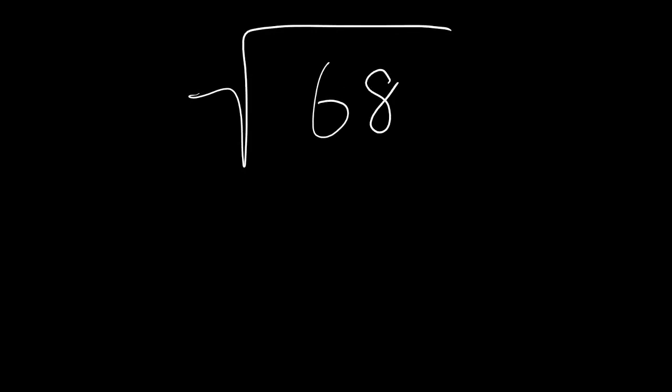So we'll do one more example before we end today's class. I want you to estimate the square root of 68. Tell me which two numbers it's in between and which number it is closer to.